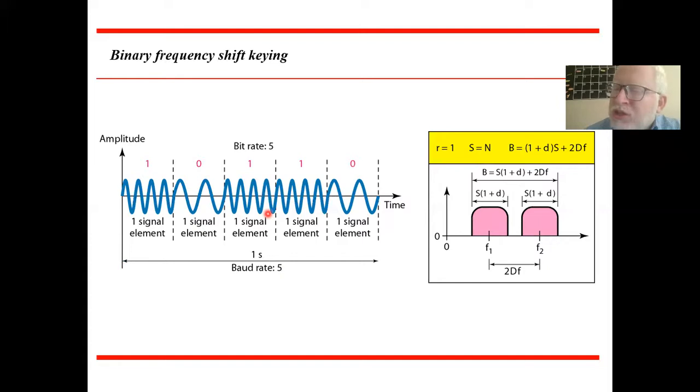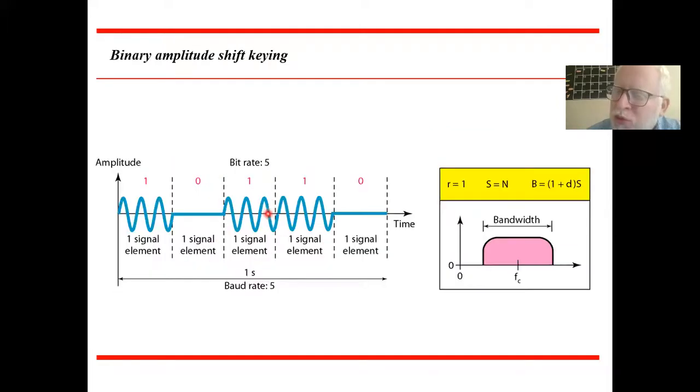Here we have to consider a very important perspective related to the frequency domain, or the frequency spectrum, of the modulated signal. For example, in this case, if I ask you, please estimate the bandwidth of this signal, I believe you can do it. How can you do it?